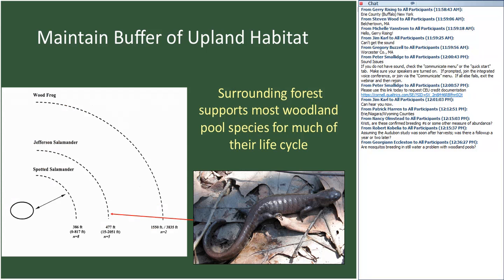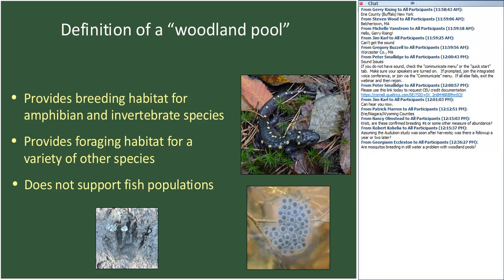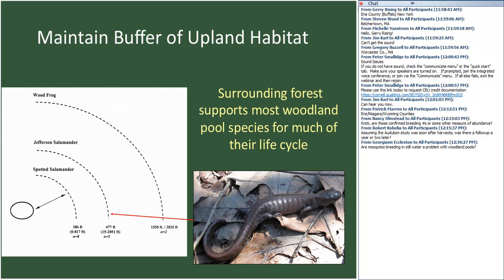I talked before about the importance of maintaining connections between aquatic habitats and upland habitats, and some of our woodland salamanders are a really good example of why this is important. For example, the spotted salamander, which I showed you, this black salamander with yellow spots, and the Jefferson salamander, are called mole salamanders.